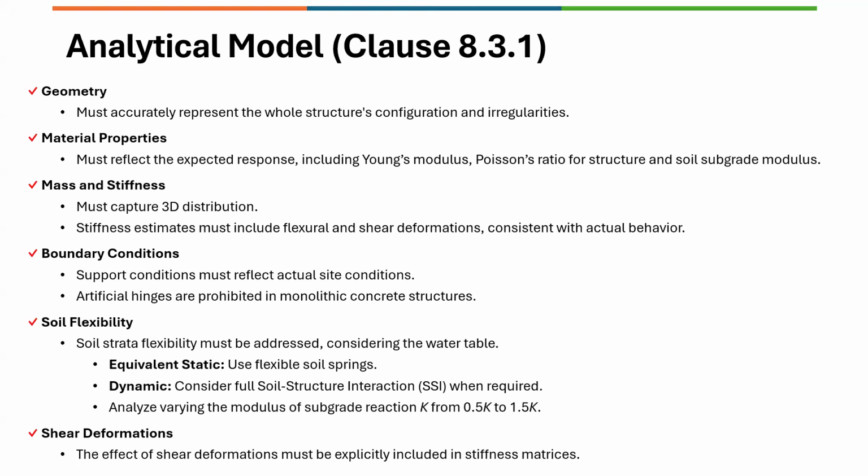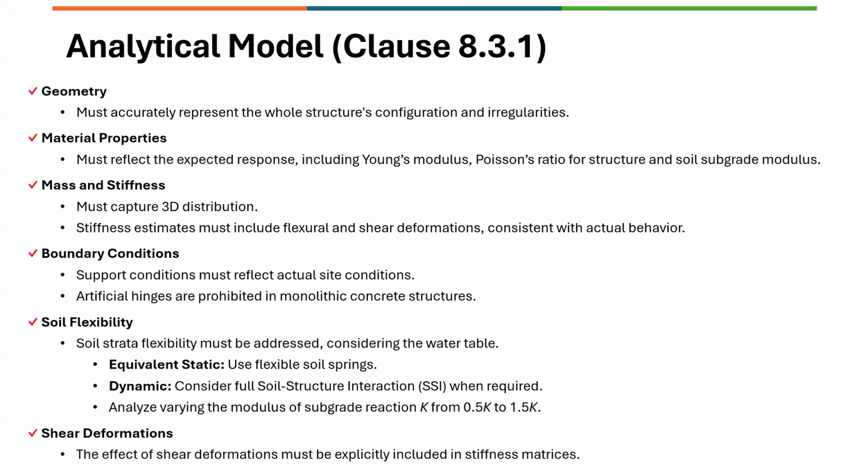And the model that we have prepared in ETABS needs to satisfy these, which ETABS is already doing. Just for summarizing the geometry, we are modeling the geometry accurately, the configurations and irregularities, either to stiffness or masses, right? So material properties and mass and stiffness are accurately modeled in the ETABS program.